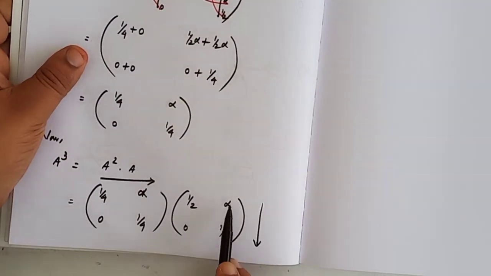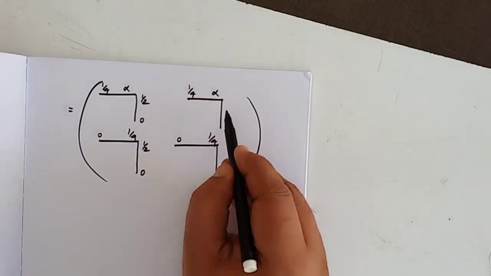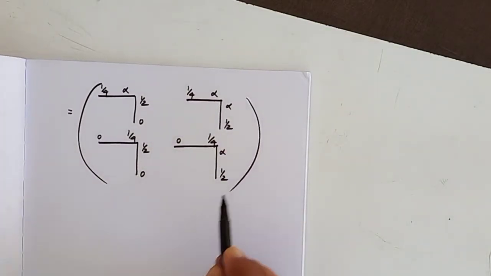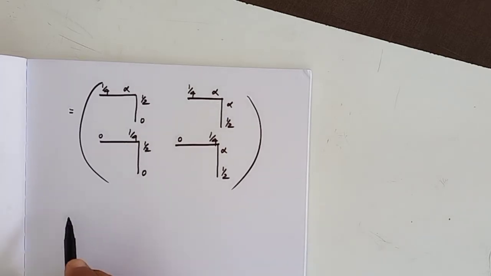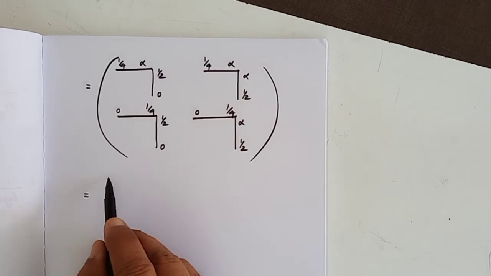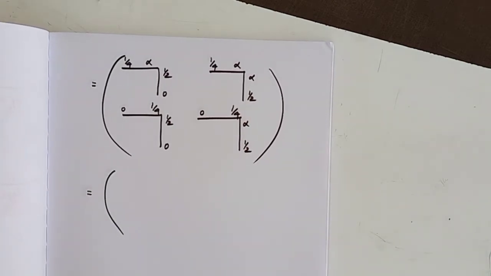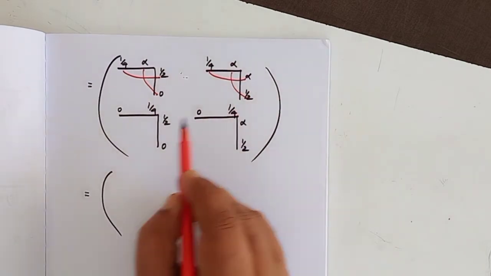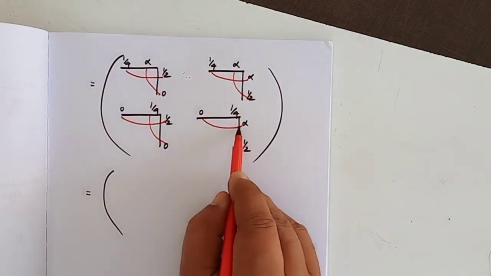Next, second matrix, second column alpha 1/2, alpha 1/2. You have to multiply first with the first, second with the second.